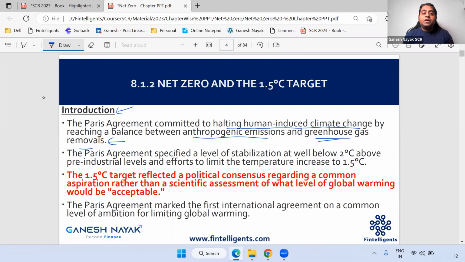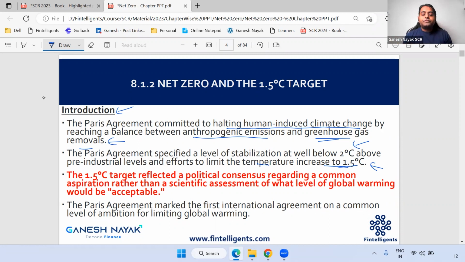But the Paris Agreement came out with a 2 degrees Celsius increase in temperature. So what the Paris Agreement was saying is that we are okay to have 2 degrees Celsius temperature. Okay, this was the level of stabilization, but there has to be an effort to make sure that the temperature does not go above 1.5 degrees. So there were two numbers, 1.5 degrees Celsius and 2 degrees Celsius.